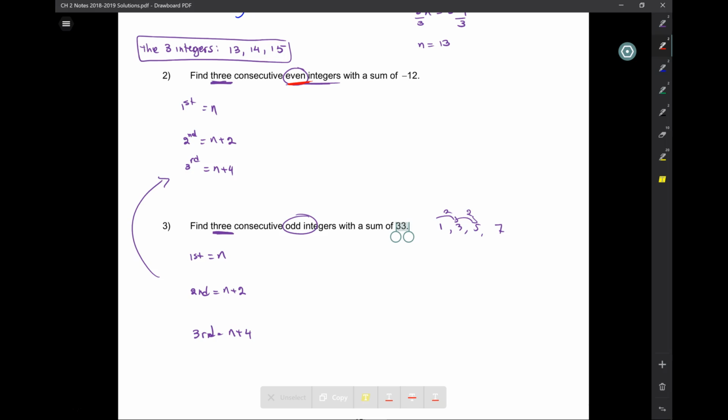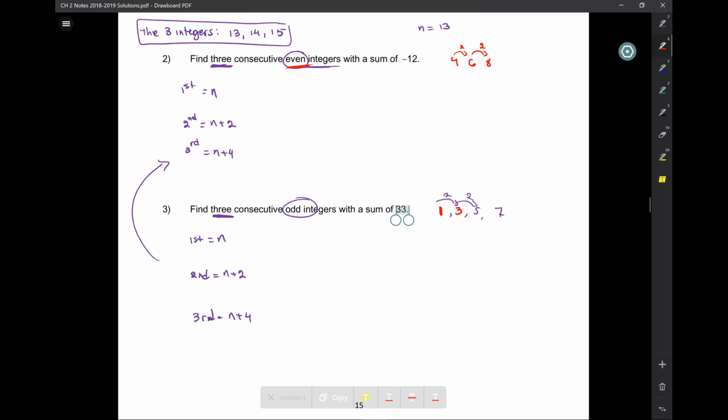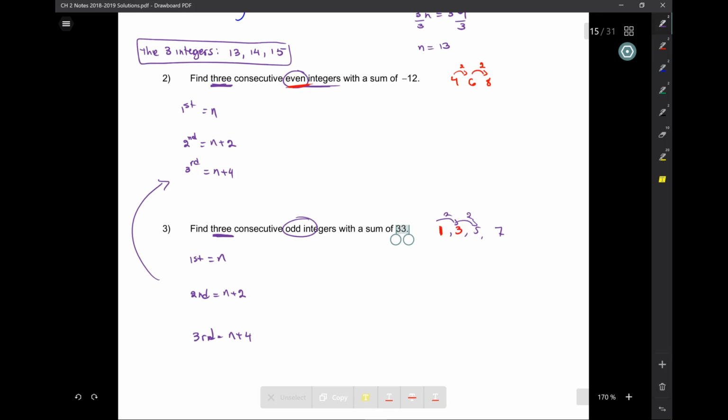And then how many do you go up for the next one? 2. And then how many for the next one? 2. When you're looking for the odd ones, you start with an odd number, but still how many do you go up for the next one? 2, right? You always go up 2. The difference is where you start. So let's solve number 2 first.